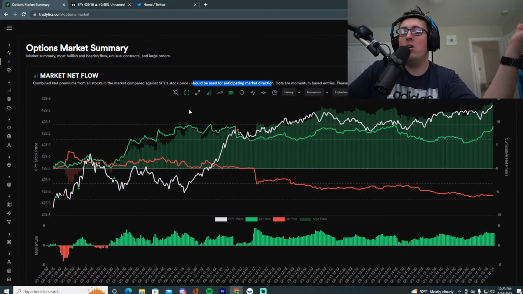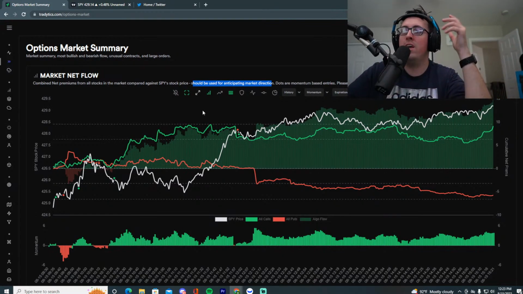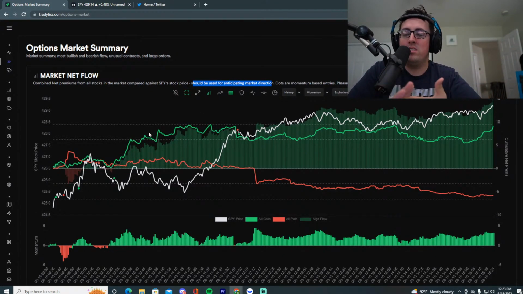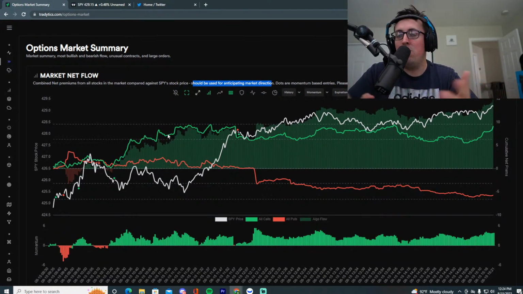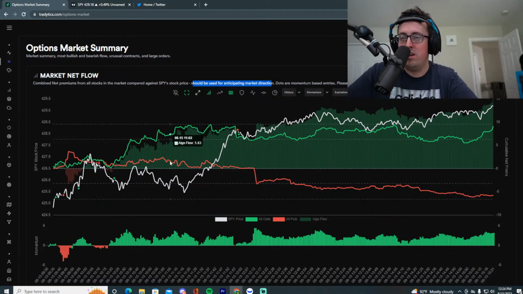It takes all of the calls from all of the stocks and averages out the buys and sells of calls into one line, which is this green line here. It does the same thing for puts: it averages out the buys and sells of puts of all the stocks into this red line.